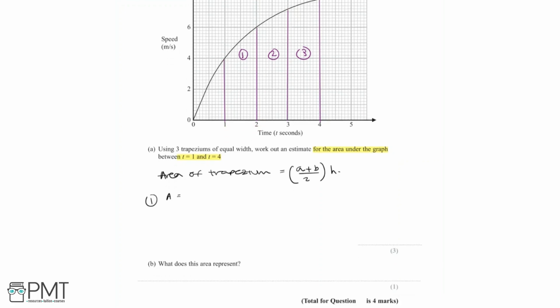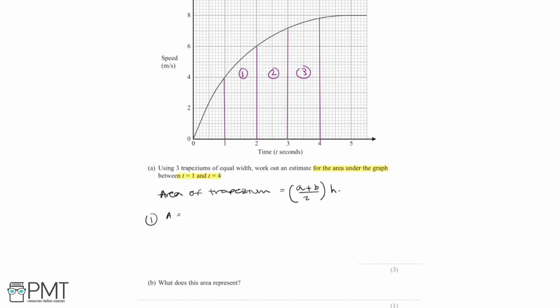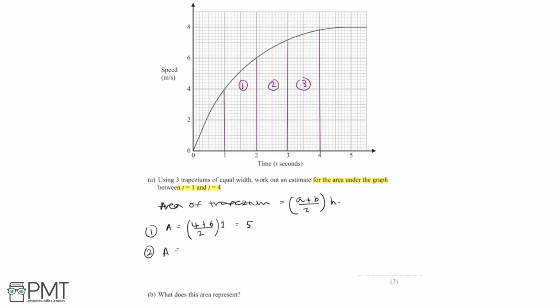And so (a plus b) over 2 times height for trapezium 1 would be (4 plus 6) over 2 multiplied by the height of 1, and we got the 4 and 6 from the heights of these parallel lines. And so for trapezium 1, the area would be equal to 5. Now we can do the same thing for trapezium 2. The area would be equal to (a plus b) over 2 times height. A is equal to 6, and b is equal to 7.2.